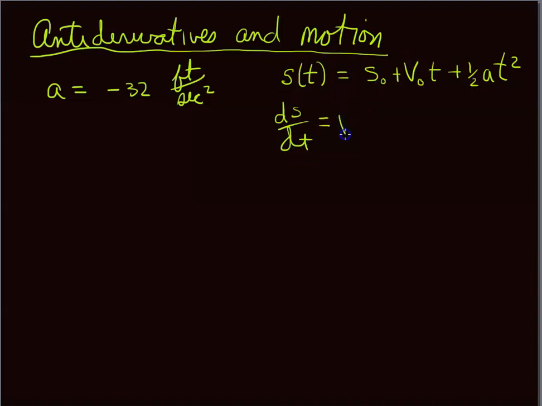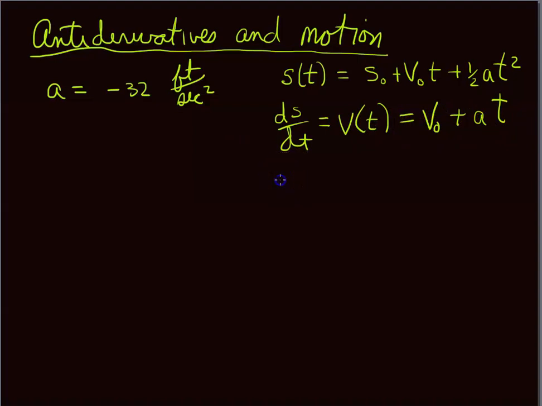This is velocity, v of t. The derivative of a constant is 0. The v naught t just gives you v naught, the original velocity. And if we multiply by the 2, getting rid of the 1/2, you just have at. So velocity is v naught plus at, acceleration times time.